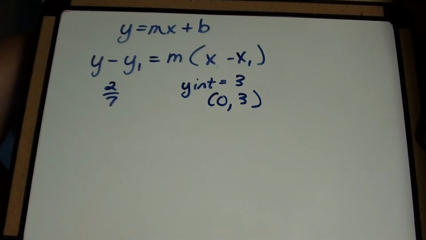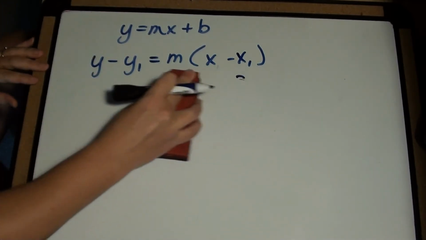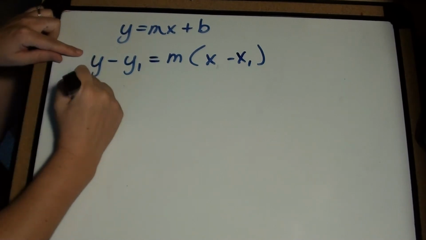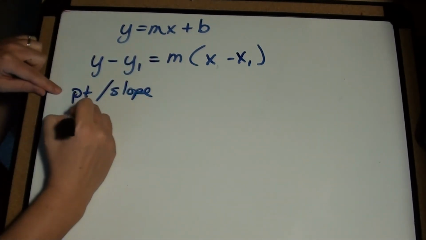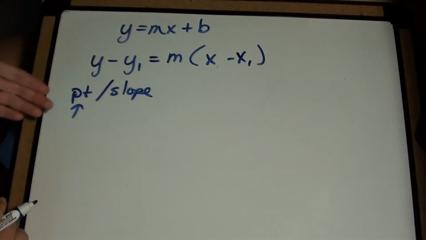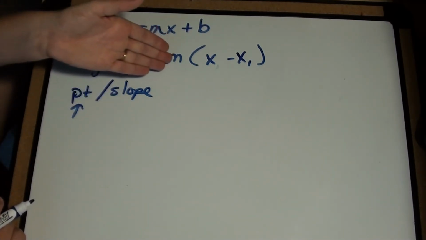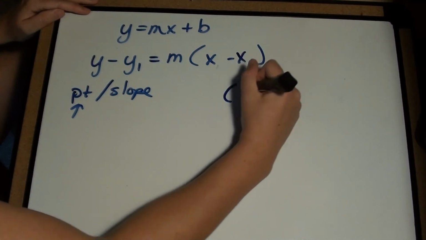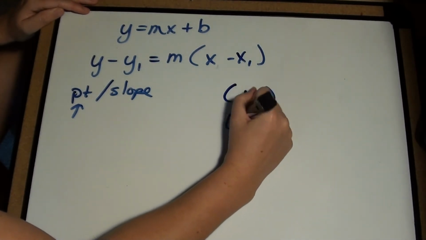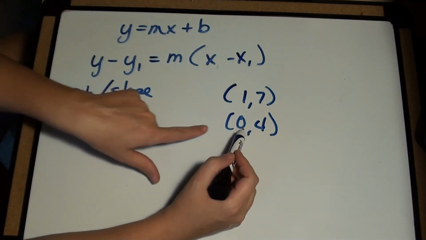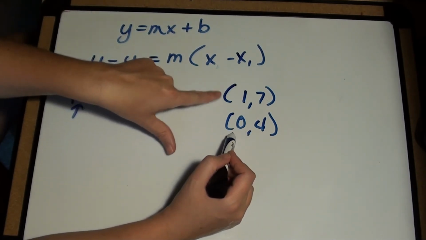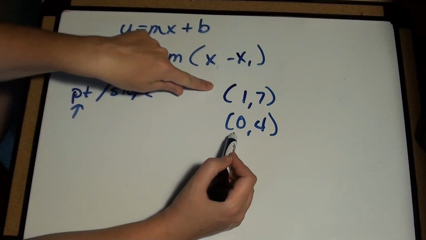Well, if you were given two points, this is point slope form. Point slope form needs a point. They're giving you two points. Pick either one. Then they need the slope to fill it out the rest of the way. So for example, if it was (1, 7) and (0, 4), and I'm trying to give the point slope equation of a line containing these two points, I need to go ahead and find the slope.